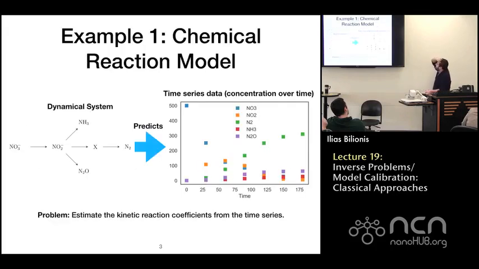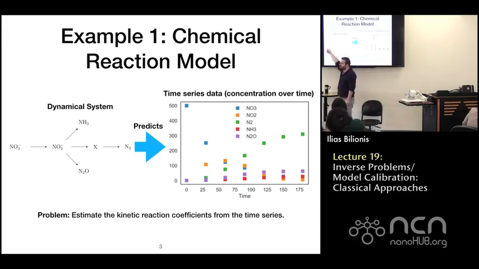But anyway, the first example I want to show you, and this is the example that we're actually going to solve, comes from chemistry, chemical engineering. So it's the problem of catalyzing NO3 to get N2, okay? Basically, this is real experimental data, and here's how it goes.